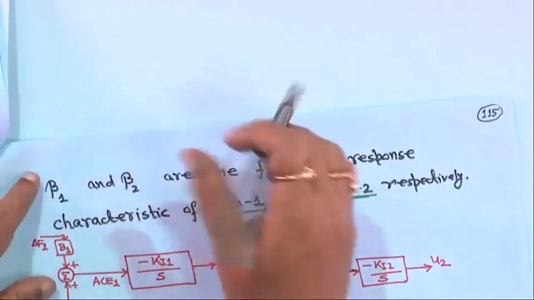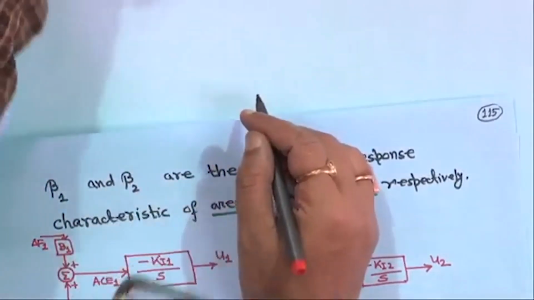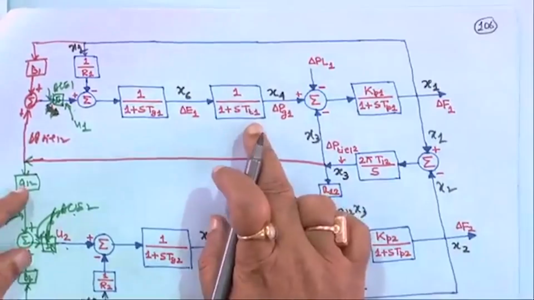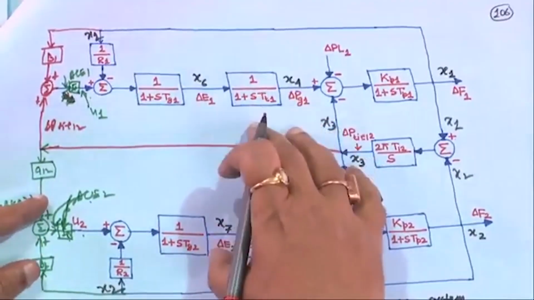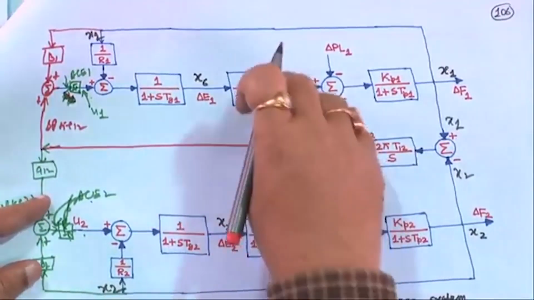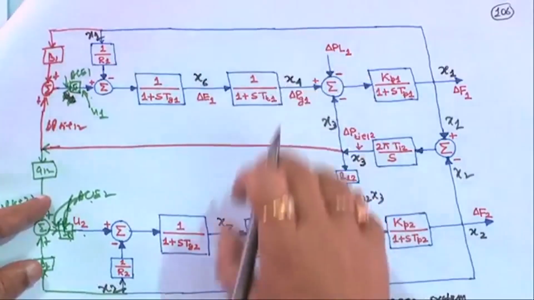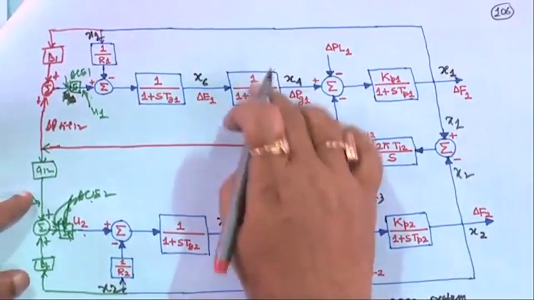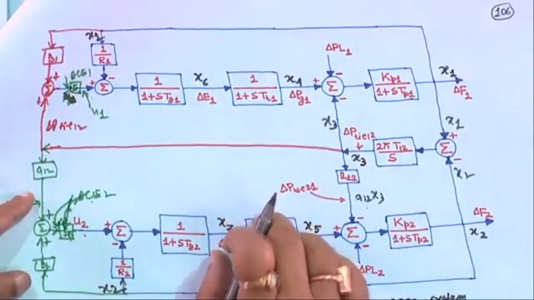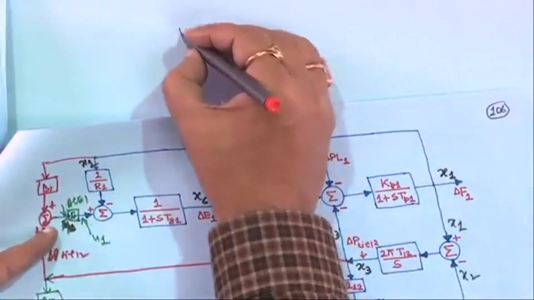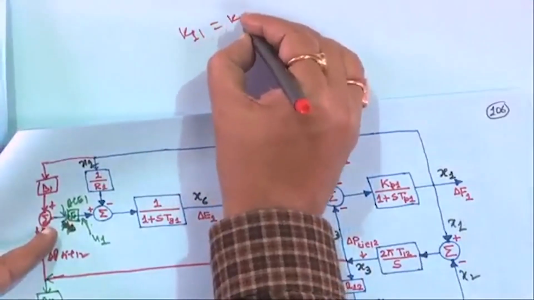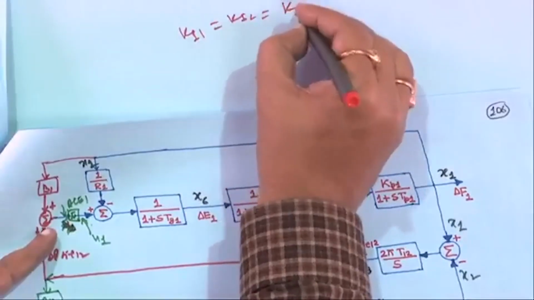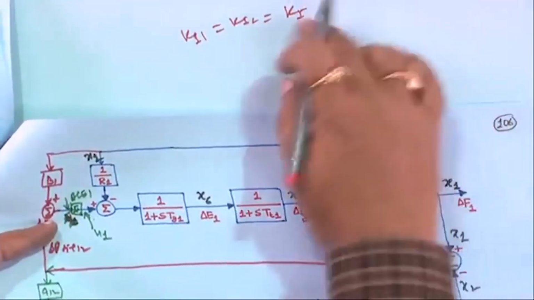Equal area means both the areas have identical generating units and the same capacity, this is 1000 megawatts, this is also 1000 megawatts, with identical ratings. Then only we can make Ki1 equal to Ki2 equal to Ki, the same integral gain setting.